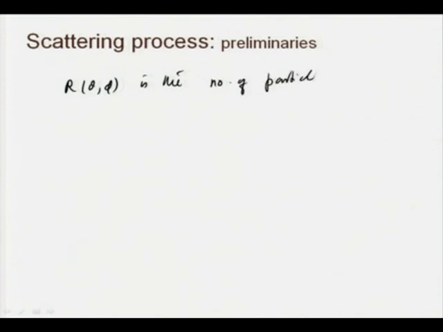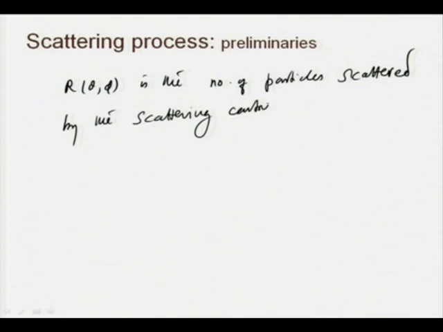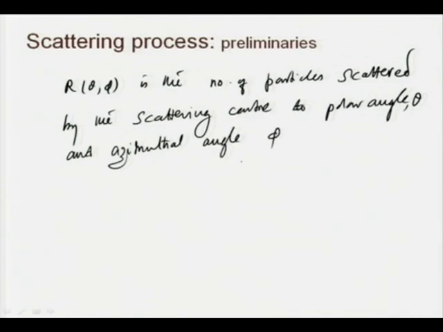So, in another way, R(theta, phi) is the number of particles scattered by the scattering center. In the case of hard sphere scattering, the scattering center is basically the hard sphere. Scattered to a polar angle theta and azimuthal angle phi.